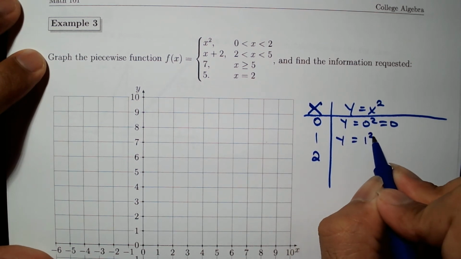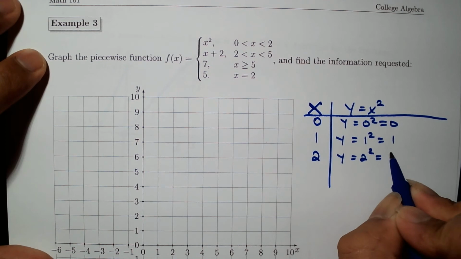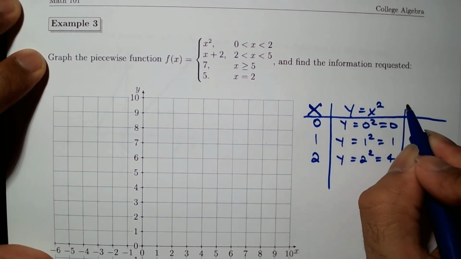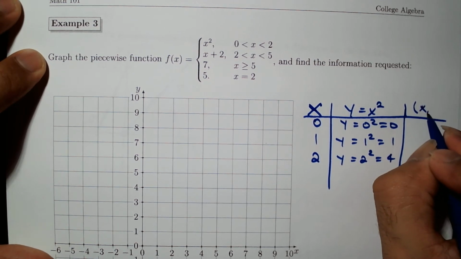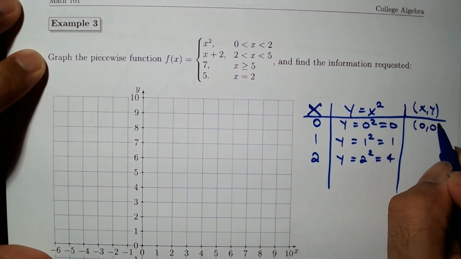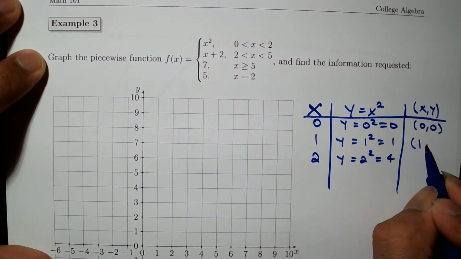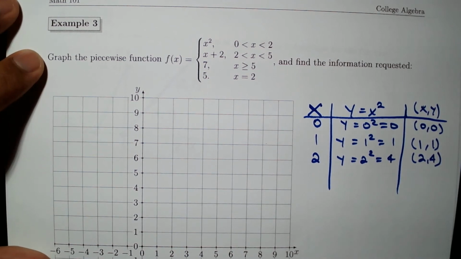Y equals 1 squared, which is 1. And y equals 2 squared, which is 4. So this is going to give rise to the ordered pairs of the form x, y, which are 0, 0, 1, 1, and 2, 4. Okay.